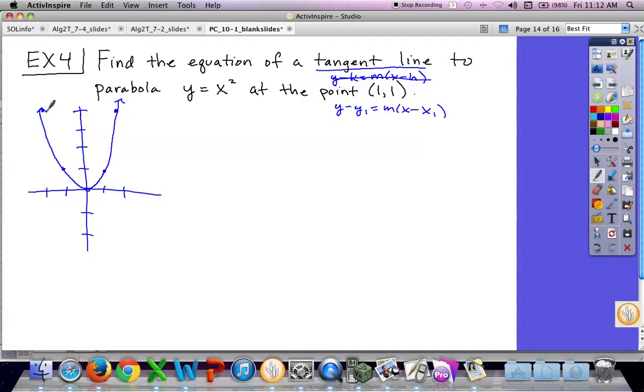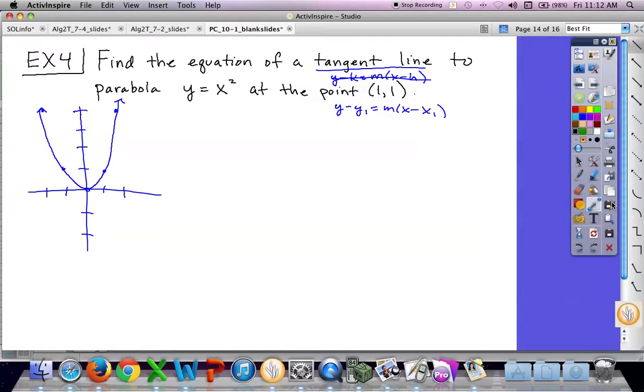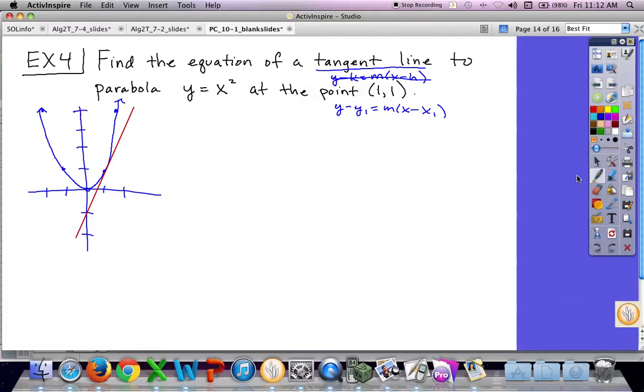In order to make this the best tangent line that I can, I'll make it a pretty thin line, and I'll even make it a different color. So that's what we mean by a tangent line, and it's tangent at that point (1, 1), right?